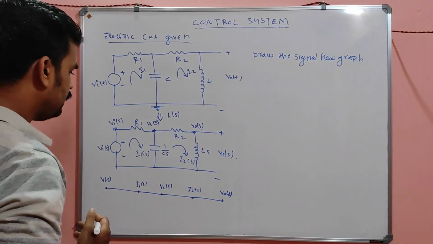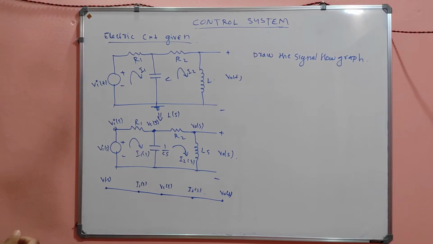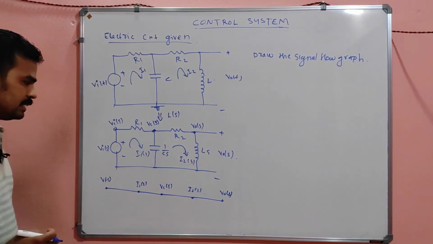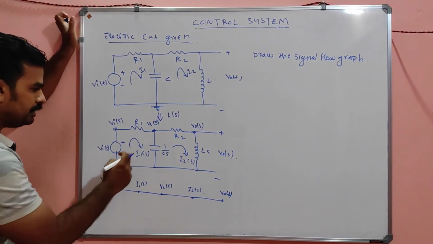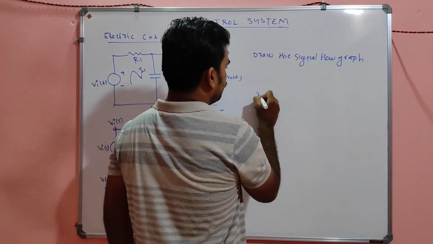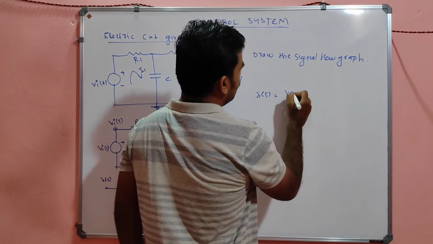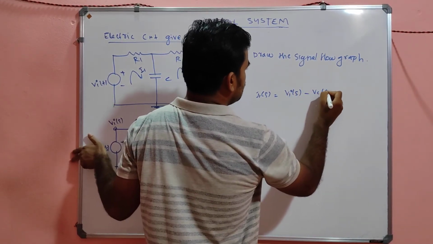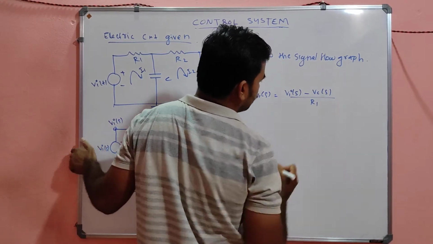Let's check how we can arrive at the equations. See, Vi of S minus Vc of S divided by R1 will be I1 of S. Am I correct? What is the equivalent for I1 of S? I1 of S is nothing but Vi of S minus Vc of S divided by R1.